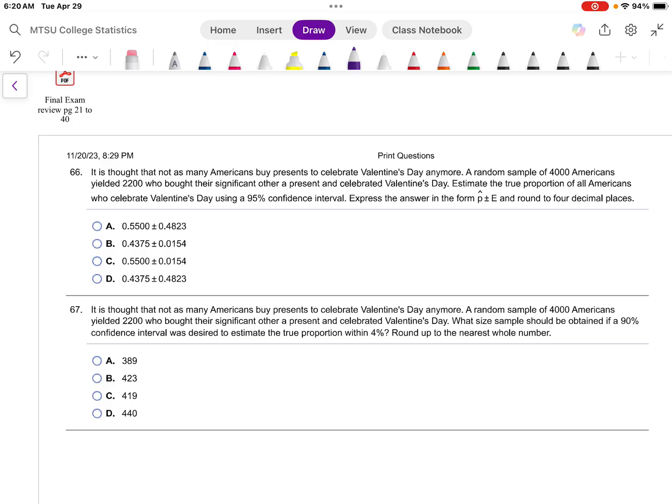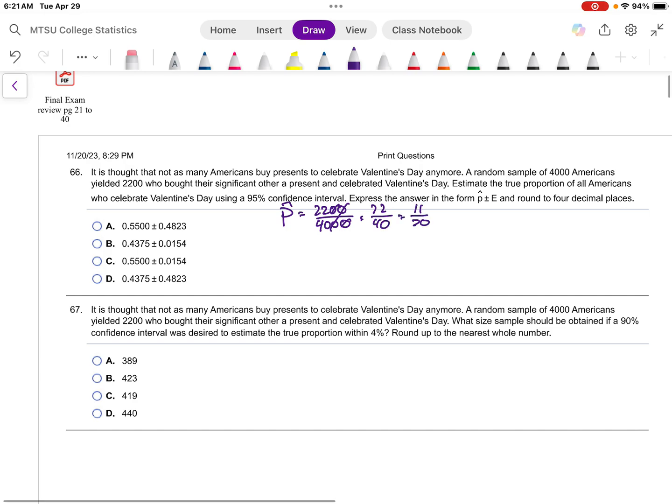So again, a couple ways you can do this. We're used to using the technology aspect, the TI-84, to go through things. But the first thing I want to go through is the p hat. So as we look at the p hat aspect, p hat is the 2,200 over the 4,000. If we just reduce real quickly, the zeros can cancel, and that's 22 over 40, which is 11 over 20.